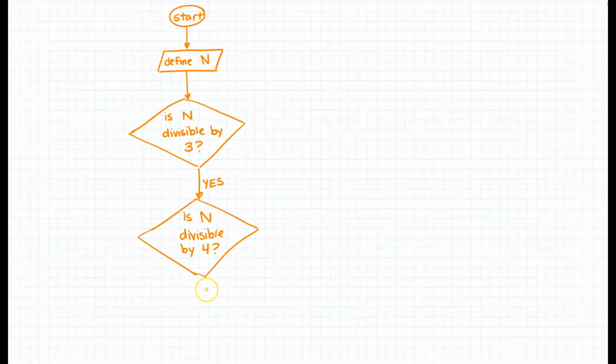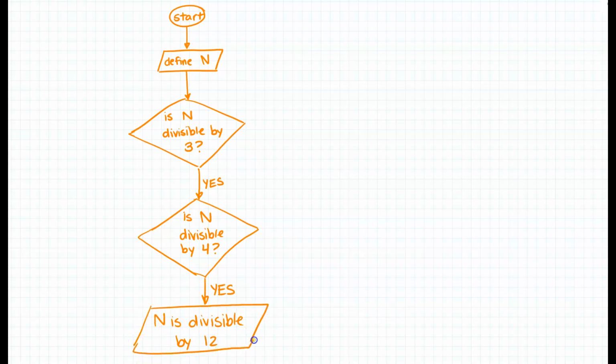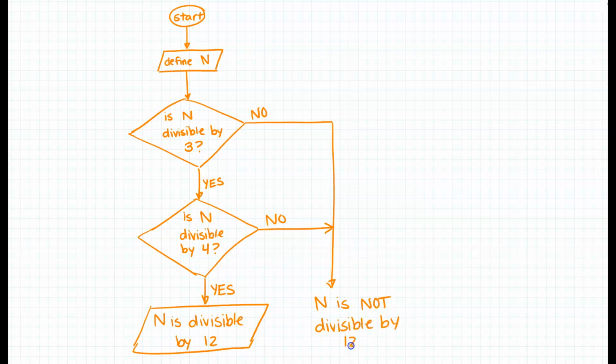If the answer is yes, then we know that n is divisible by 12. If the answer is no, both of these are going to lead to the same place, then n is not divisible by 12.